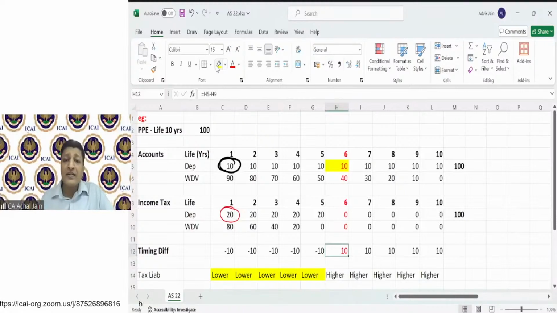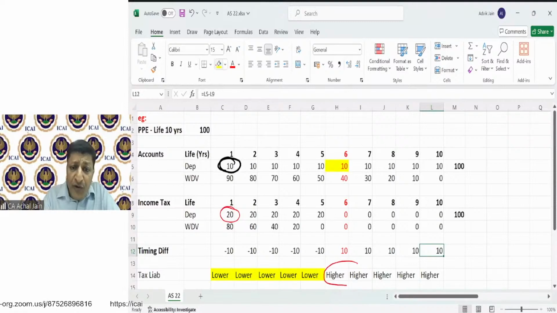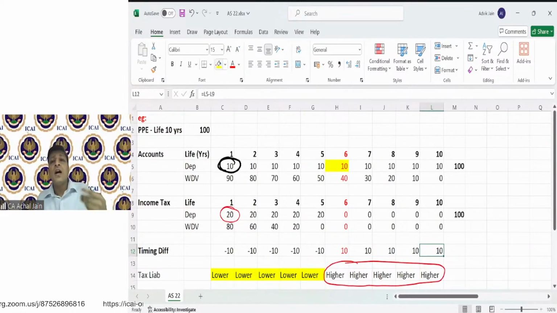Same thing if you look at the 7th year, 8th year, 9th year, 10th year. In all of these years, the same trend continues. So now, what do you say about this trend which we find in year 7 to 10? It's effectively a reversal of what we have seen in year 1. So in year 1, tax liability was lower, but actually that is not lower forever.